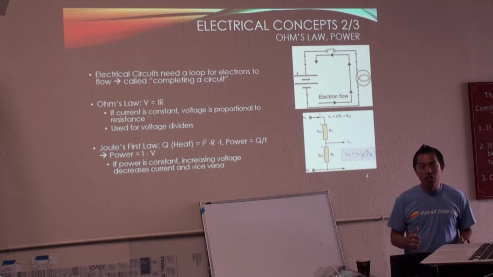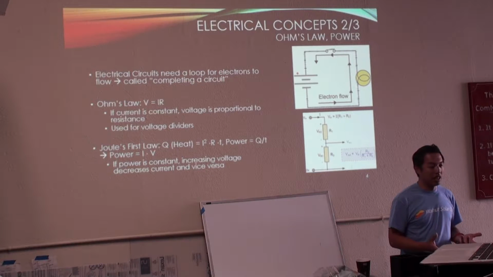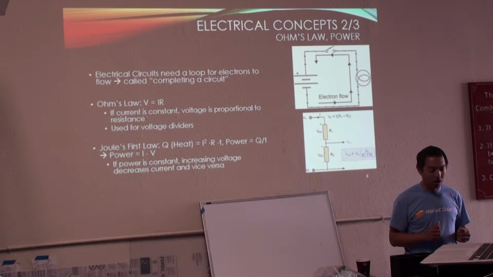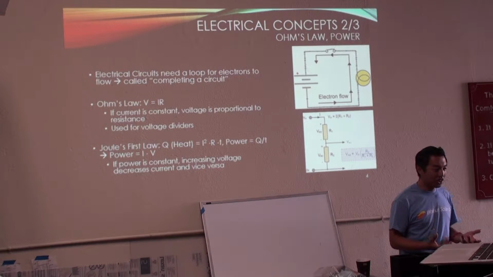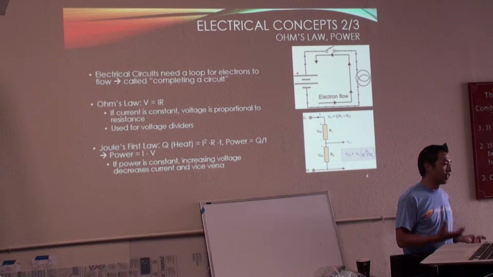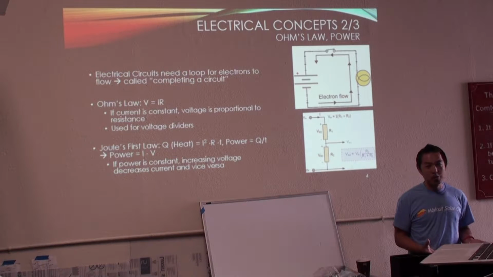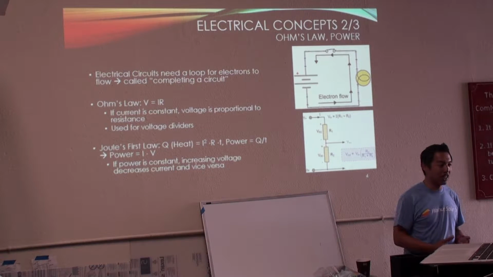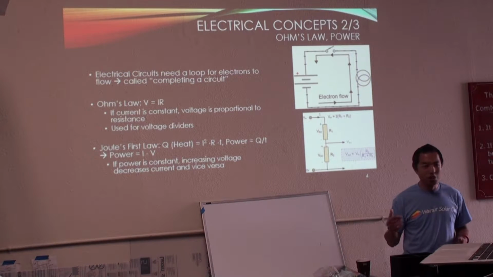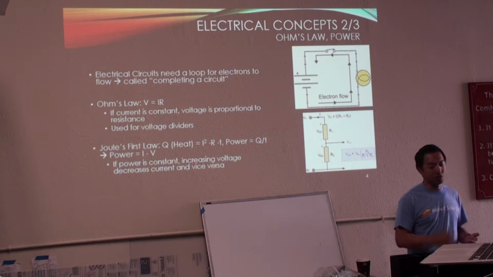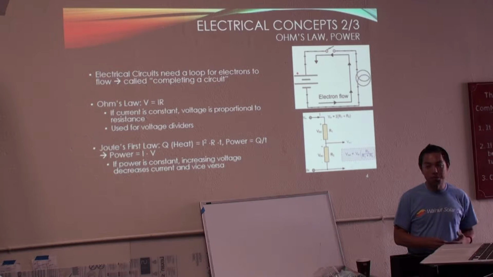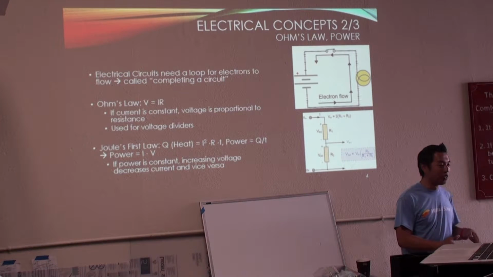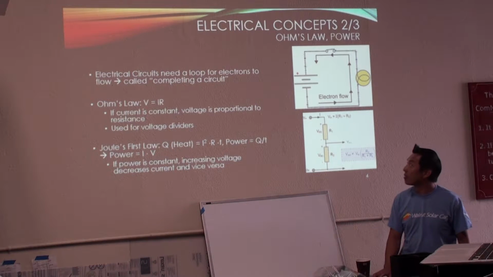That's important because when you start specifying parts, they tend to operate at a particular voltage level, which means that if you choose a part that has high voltage, you will need to drive less current in it, and we'll talk about reasons why you might want to do that in the next chart. But if you run at lower voltage, then you might need higher current.